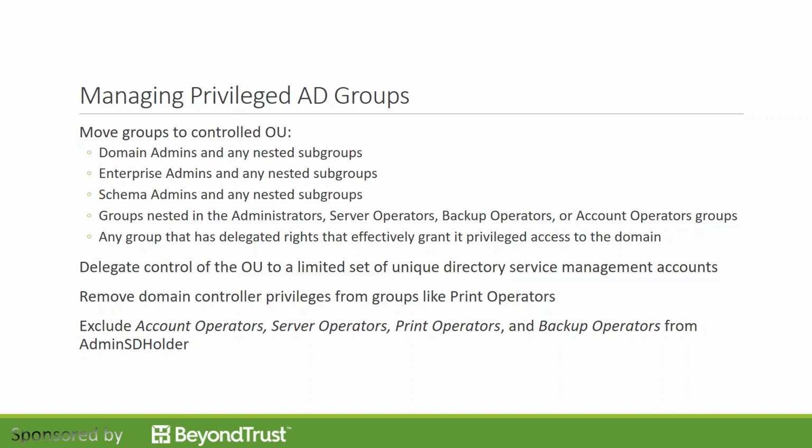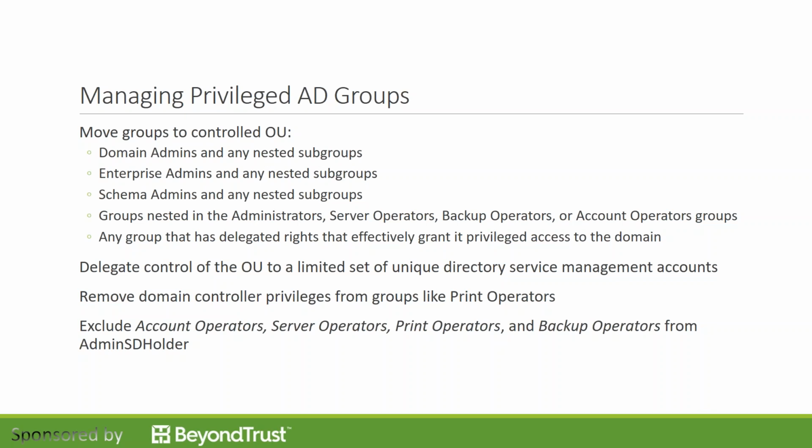Okay, so nobody else will be able to do that apart from people who have access to directory service management accounts. And these accounts, they can be disabled most of the time, and you need to have some kind of process to give access to the password for those accounts.